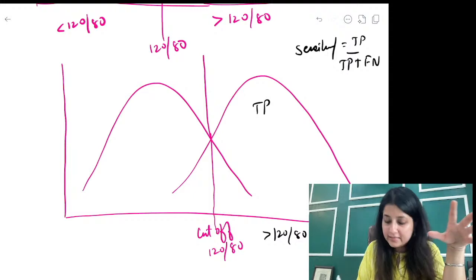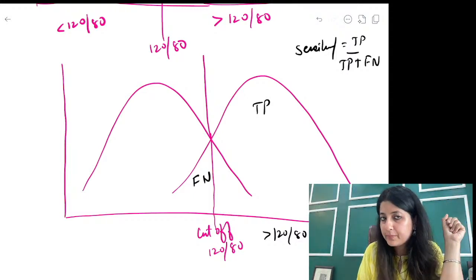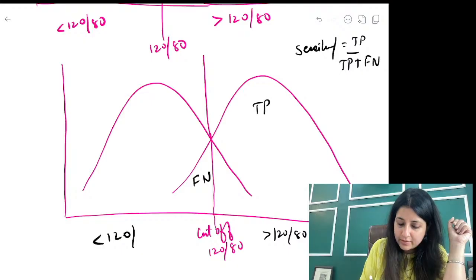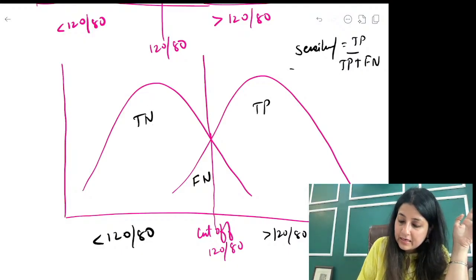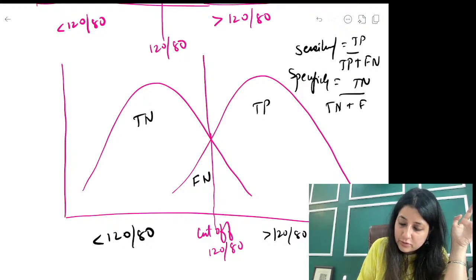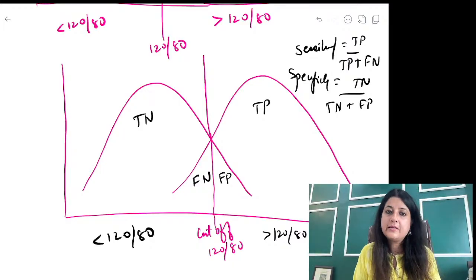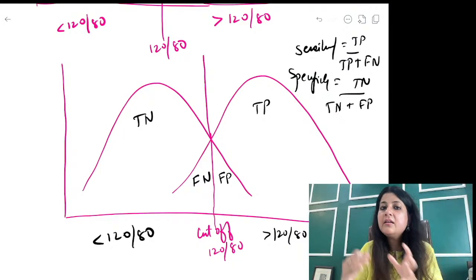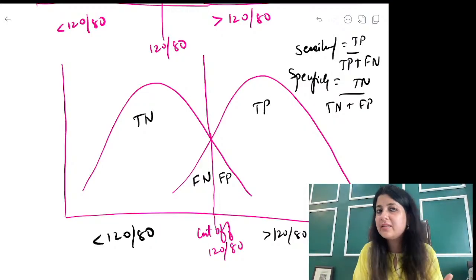So some are false negatives, they will go on the negative side, a smaller portion. All those who are less than 120/80 are true negatives. But along with true negatives, what is specificity? True negative upon true negative plus false positive. You will get some false positives, on the smaller side. So on the right hand side are the true positives and the false positives. On the left hand side are the true negatives and the false negatives.